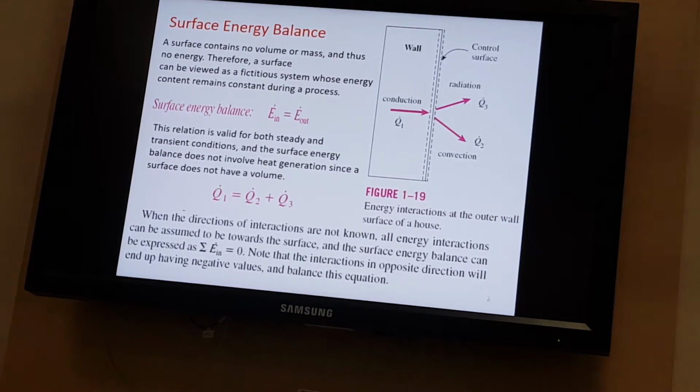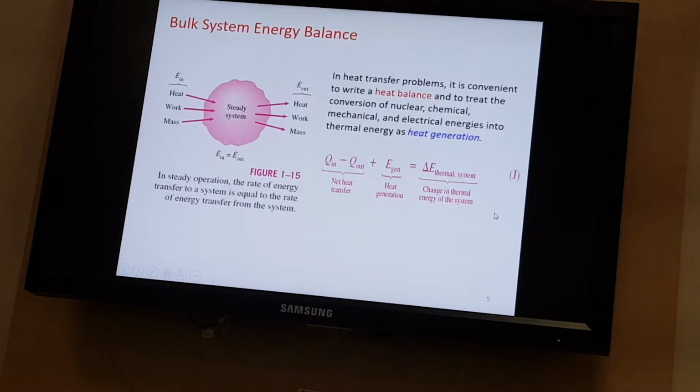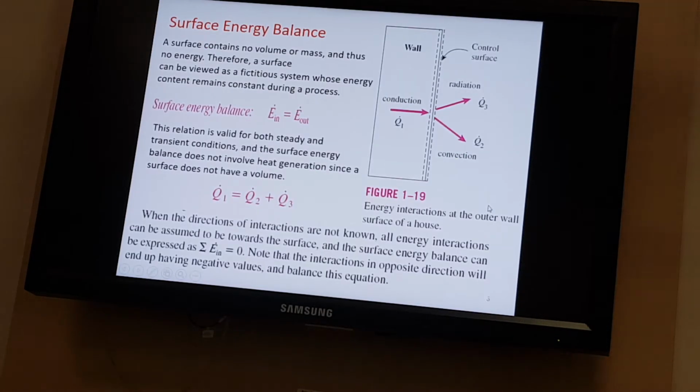Then Q out is the combination of two terms, radiation and convection, equal to Q2 plus Q3. Q2 is represented by convection, the Newton law, and Q3 by radiation, the Stefan-Boltzmann law, right? We substitute the equations we just learned here. So that's the thing.